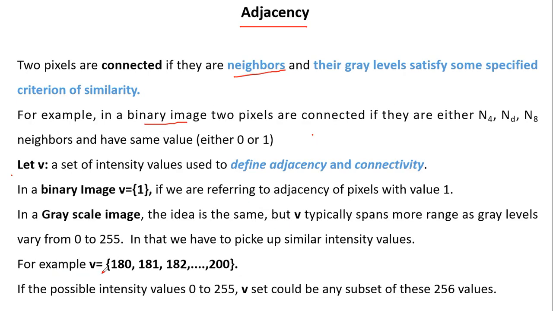So for example, V is equal to 180 to 200. This intensity region is similar. So we are finding out whether 2 pixels are similar in their values or not. Generally connectivity occurs between 10 to 15 or 8 to 15 gray levels. If the possible intensity value is 0 to 255, then V should be any subset of these 256 values.